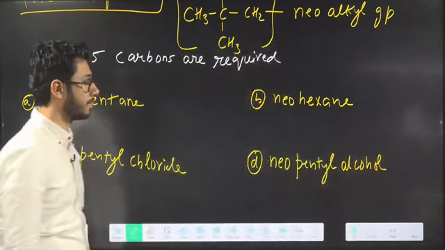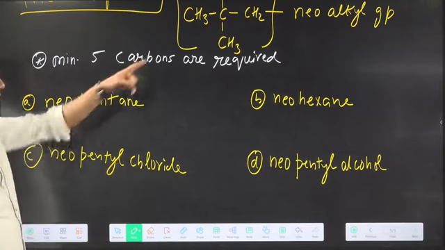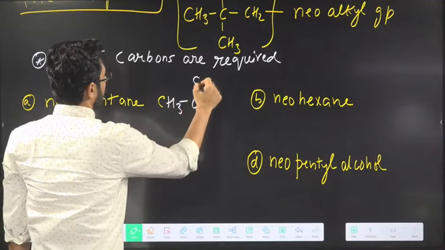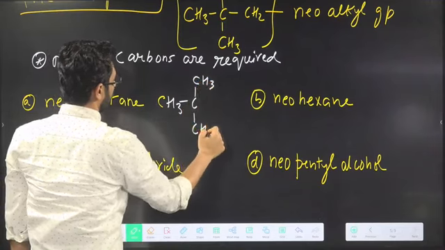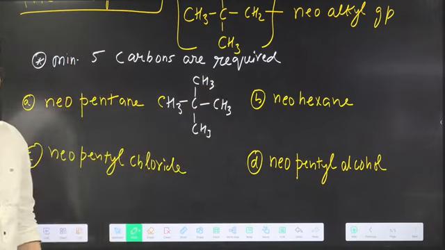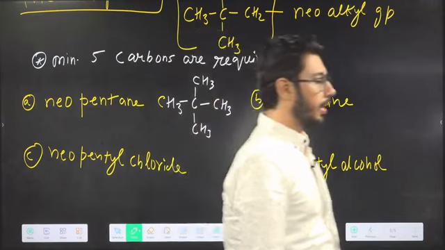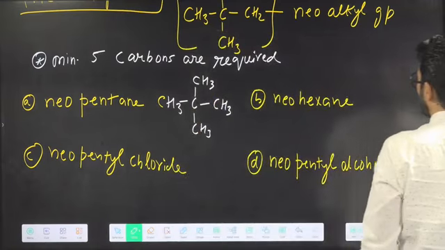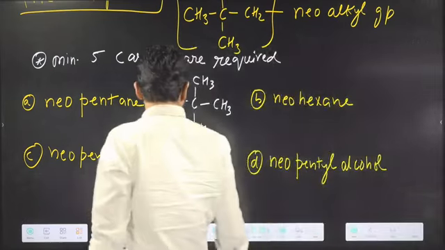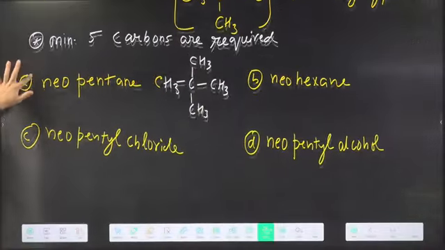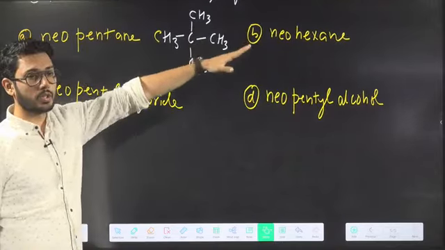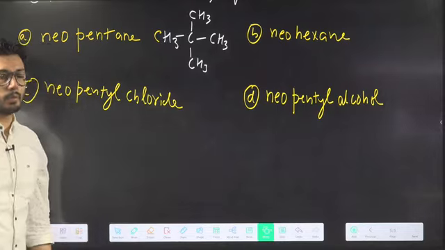Common names. Neopentane, this connectivity first: CH3, CH3, CH3 and CH3 only. Why? 5 carbons completed. This is the neopentane arrangement. Neohexane, same way. Write down neohexane. Then write down neopentyl chloride structure, whatever group it is, bonded with the CH2 carbon. Try to write both of them.